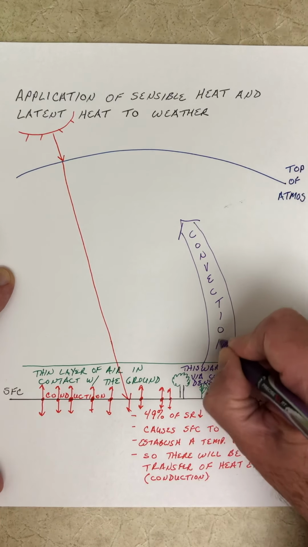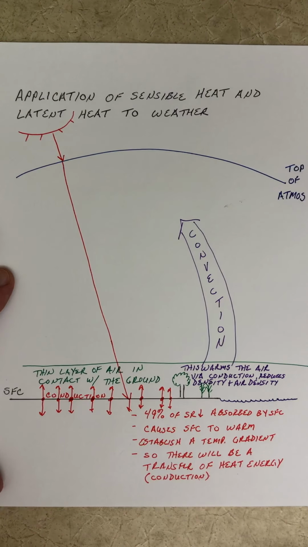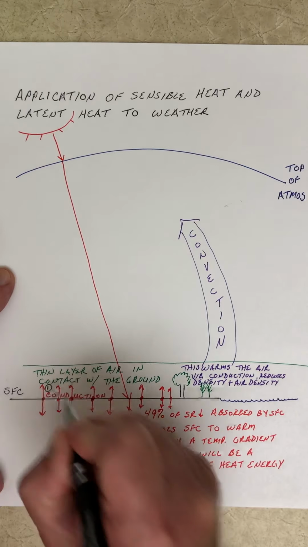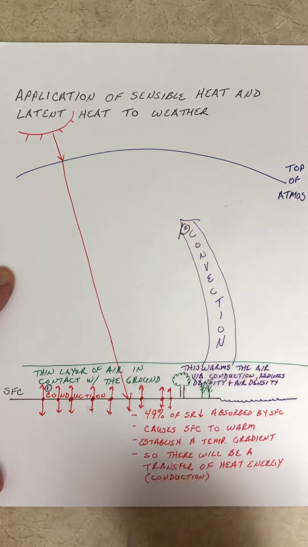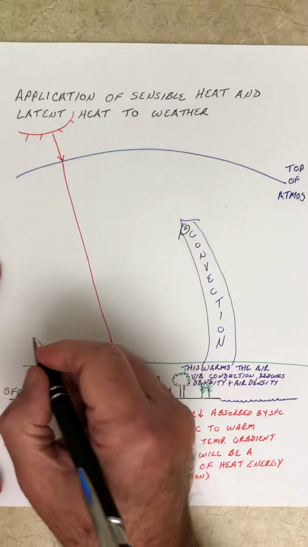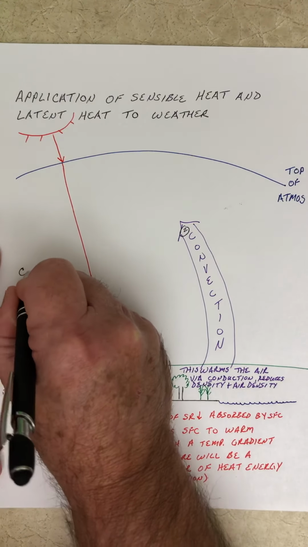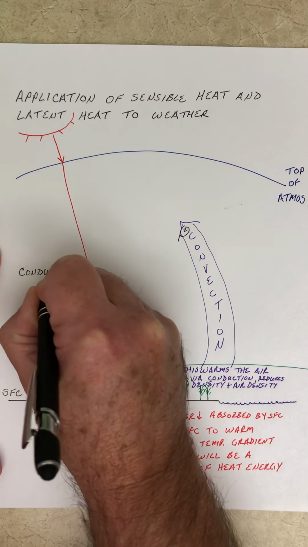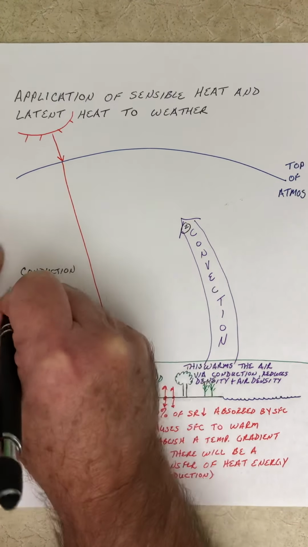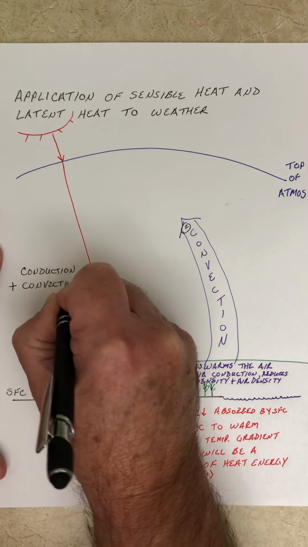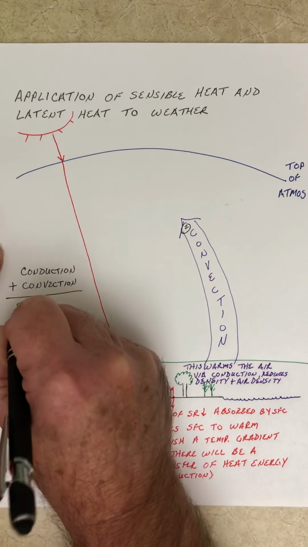We have, and we're going to add to it in just a little bit. In this particular case now we've got conduction and we've got convection. And for those of you who do like math, off to the side here, we can write a little equation: conduction plus convection equals sensible heat.